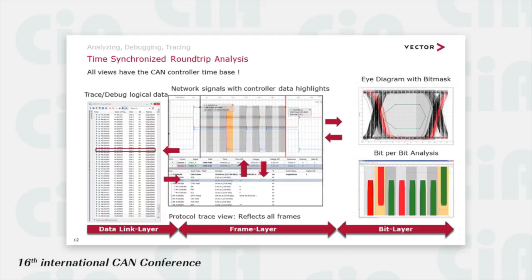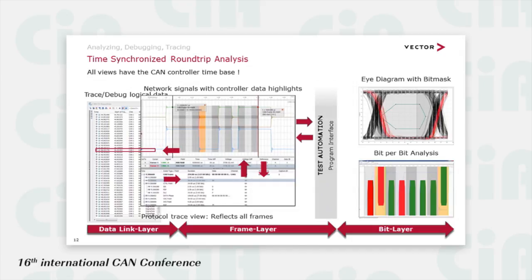A more powerful possibility is to use the programming interface of the tool. Here you can establish a more detailed test scenario. You can test bit per bit, shown here as the serial bit mask analysis, and you can perform another round trip. All analysis done in the bit mask analysis window is reflected here.